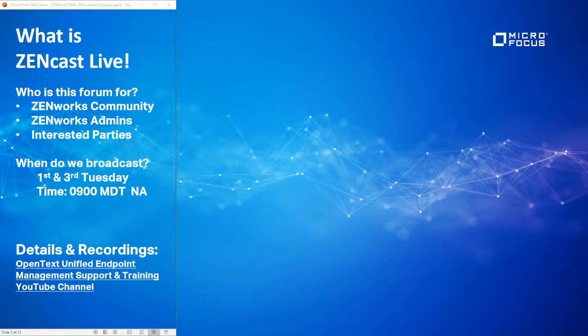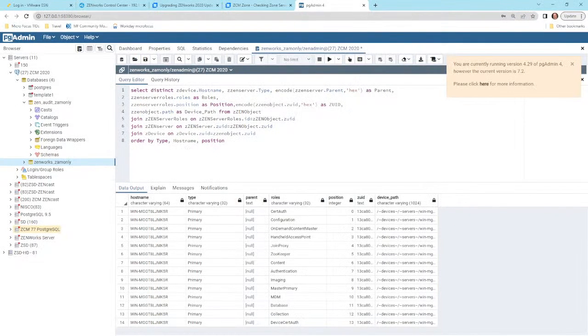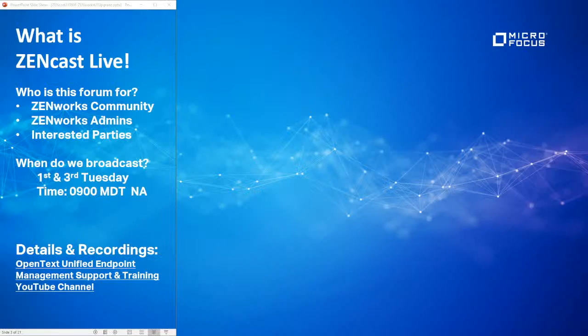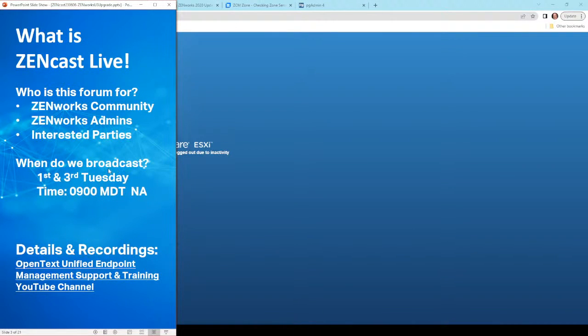Microfocus. There we go. See if we get that. No, it's asking for customization. Hang on, we don't want that. Let's move on to this one here. All right, so let's go back to our presentation here. Again, we are ZENcast Live, and we'll get to that support and training YouTube channel. I need to change this link, it looks like.